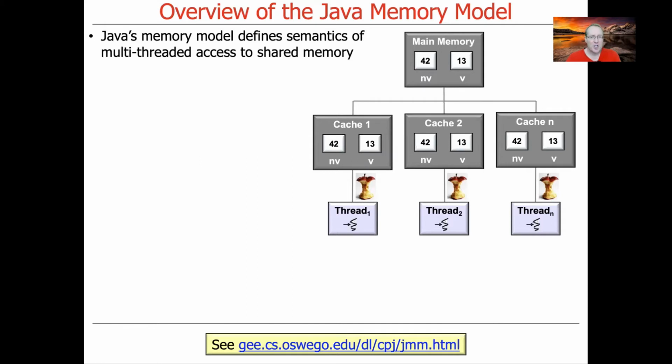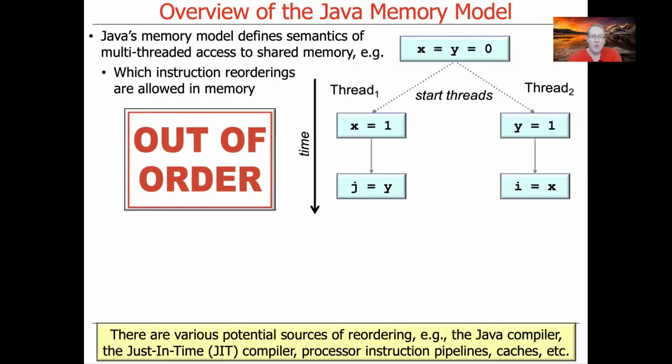So when I say shared memory here, I don't mean shared memory between separate processes on the same computer, but instead I mean the concept of having global memory, or memory that's accessible by multiple threads within one process or one virtual machine instance.